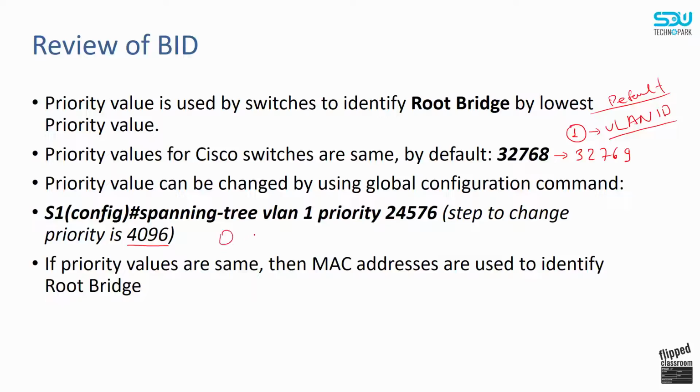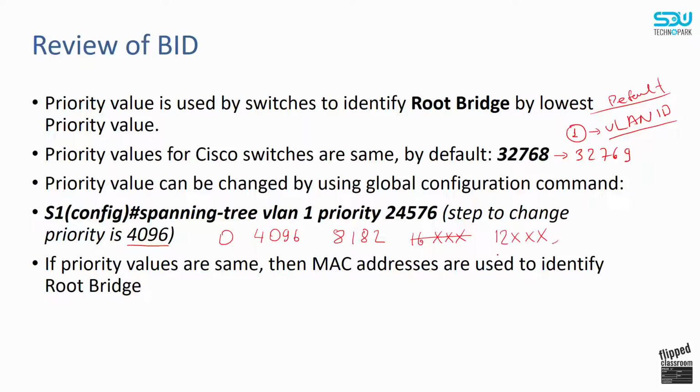The next available value for you is 4096. The next available value is 8192, and so on. And the next value will be 12,288, and so on.